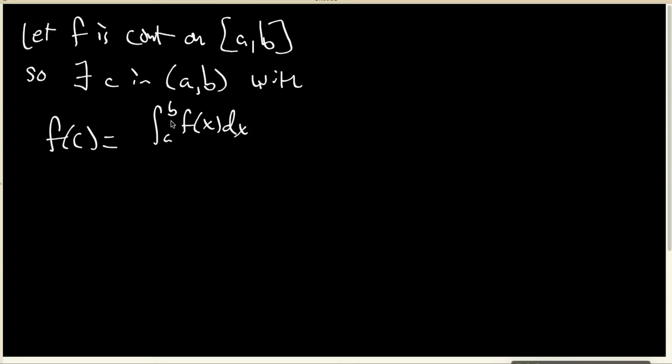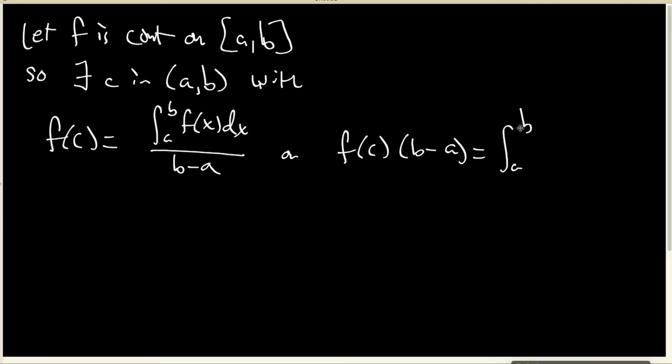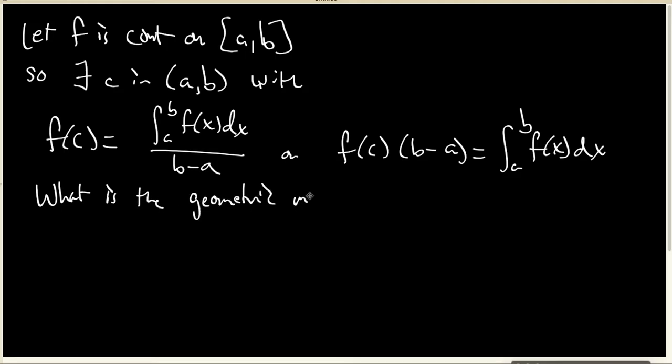It's the integral between a and b of f of x dx divided by the width of the interval between a and b, or equivalently, f of c times b minus a is equal to the definite integral between a and b of f of x dx. And my real question is, what is the geometric meaning of this particular conclusion of the mean value theorem?